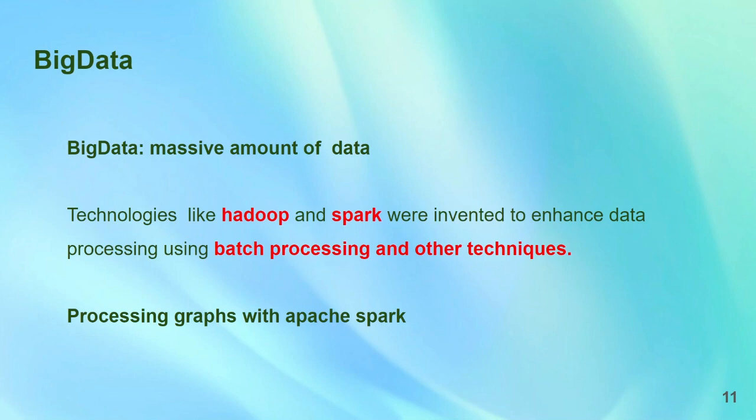But in the realm of big data, a large amount of data is not the only obstacle, but also how to process this data, how to extract insights from it, and how to manage it. To answer these problems, technologies like Hadoop and Spark were developed to process big data efficiently using batch processing and other techniques. Now I leave you with my friend Fatima Zara for the demonstration.